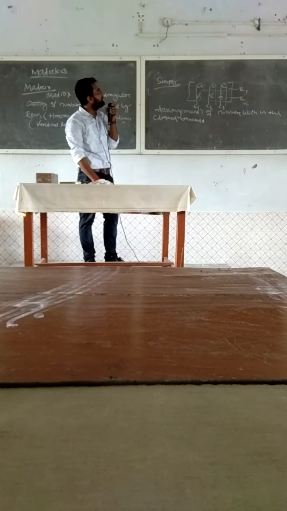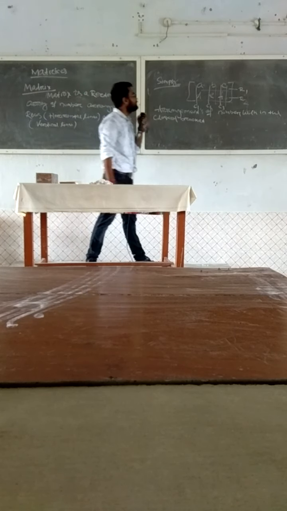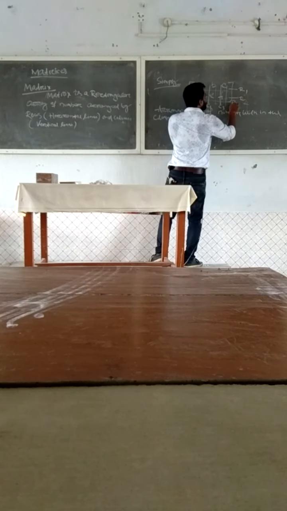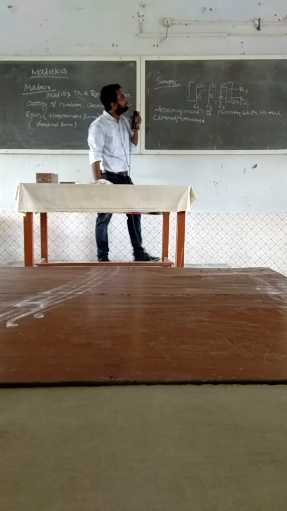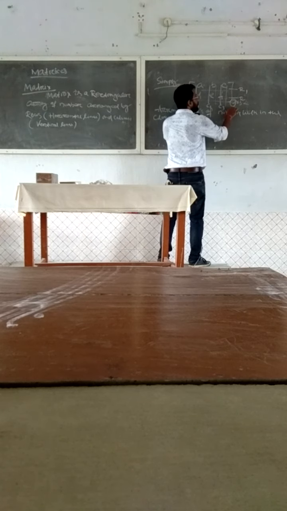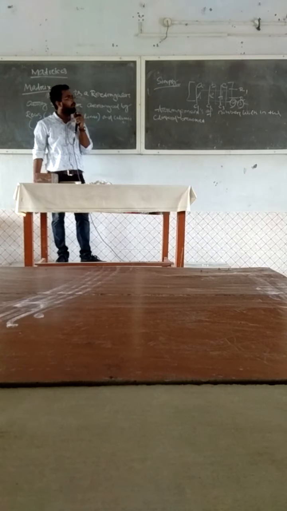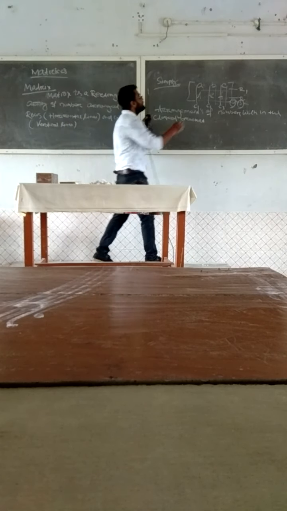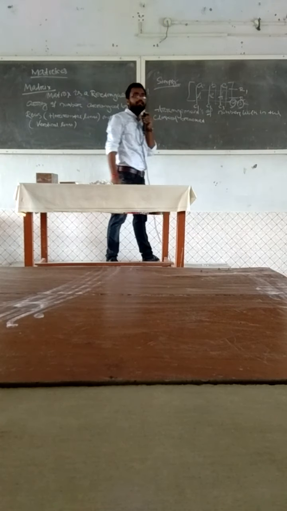So the matrix has 2 rows and 3 columns. The order of this matrix is 2 by 3. The first subscript is known as rows and the second subscript is known as columns. So the matrix is of 2 by 3 order, and A, B, C are known as the elements of the matrix.